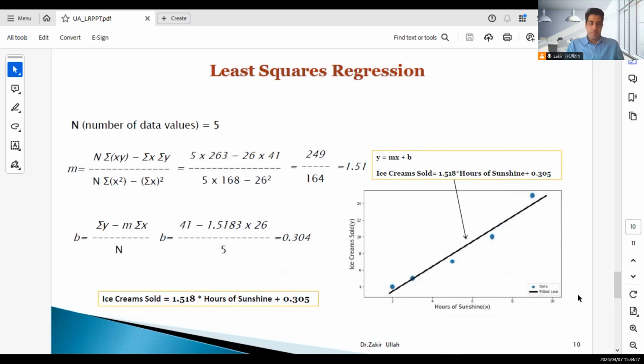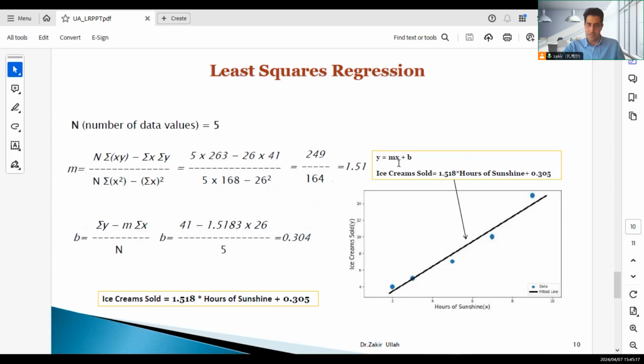Here we need to put the values calculated in the previous table, shown in its last row, into the expressions of slope and intercept, which result in m equal to 1.518 and intercept b equal to 0.305.